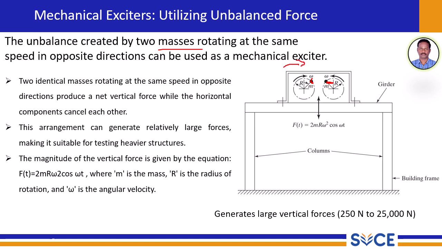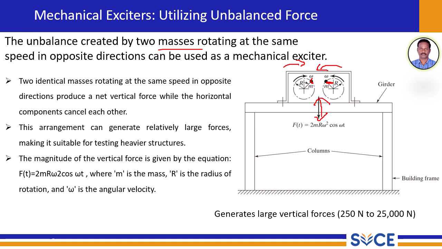As these masses whirl around their respective axes, they each generate a centrifugal force. Interestingly, while the horizontal components of these forces constantly oppose and cancel each other, the vertical components synchronously add up. This clever arrangement results in a net vertical force that oscillates up and down.